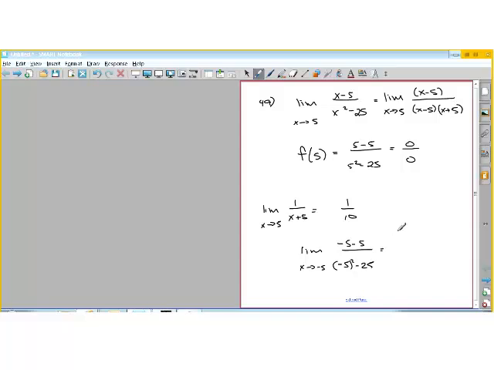And if I just plug it in there, you get negative 10 divided by 0. So the function does not exist at x equals negative 5, and therefore the limit does not exist at that particular point. If the function does not exist because it goes to infinity, the limit's not going to exist at that particular point.